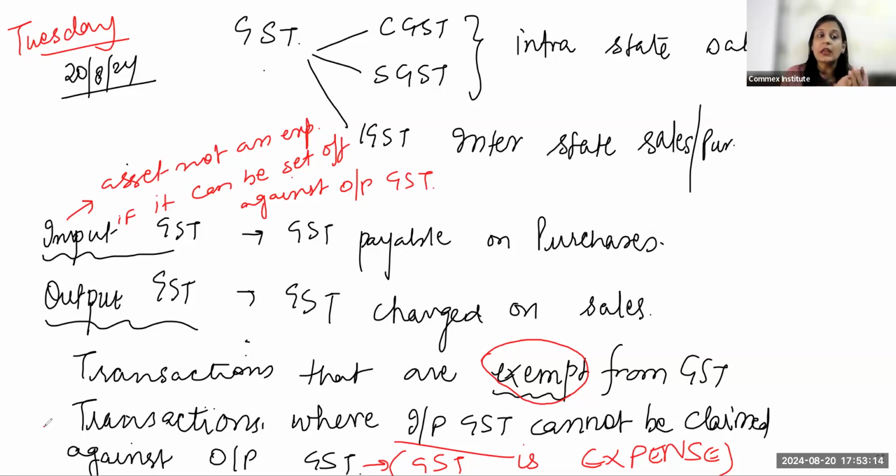But in this particular case, when the input GST cannot be claimed, cannot be set off against the output GST, then the input GST becomes our expense. So these transactions we'll have to see.